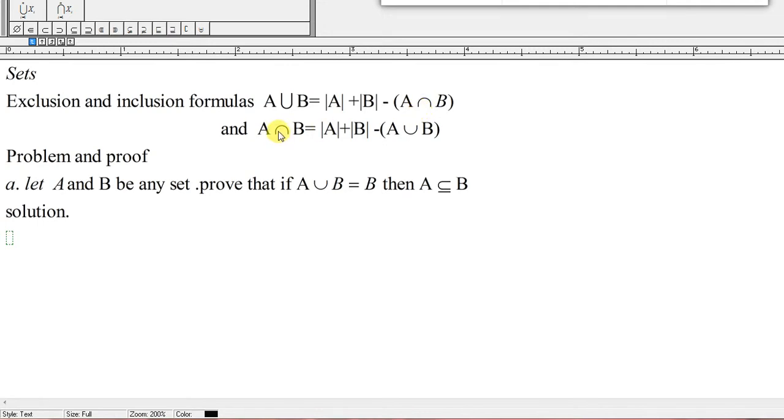And of course, if you are given A intersection B, then we write A plus B minus A union B. Now we change it to union because here it was an intersection. So why can't we just write this in the form of the exclusion and inclusion formulas and see what happens?